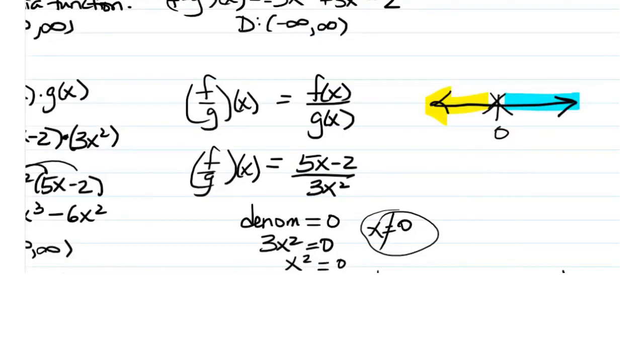We have the yellow piece and the blue piece. So the yellow piece is going to be the interval from negative infinity to 0, not including 0. So I'm putting a round parenthesis there. Union, and then 0 to infinity is the blue piece. Again, with a round parenthesis, it's not a bracket because we're not including 0. So this would be the domain of f over g.